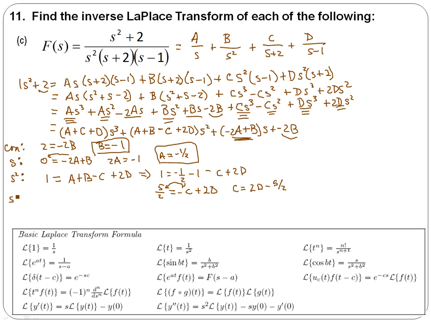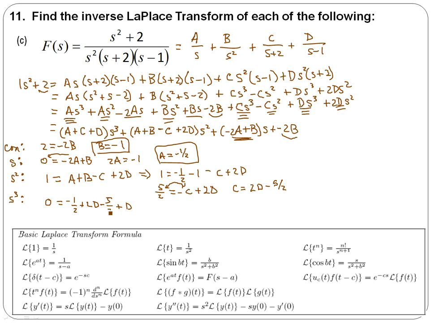So on my last equation, when I equate the coefficients of s to the third, because there's no s to the third on the left side, I get 0. And on the right side, that's equal to a plus c plus d. A is negative 1/2. C is 2d minus 5/2. And then plus d.